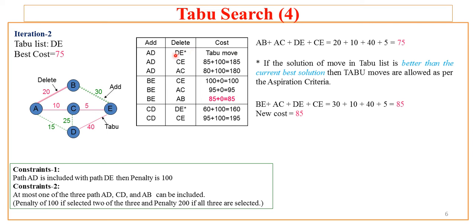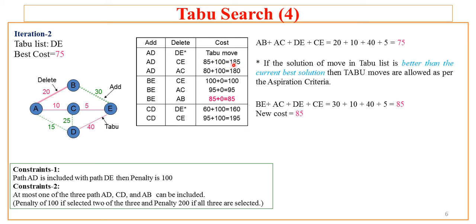Okay. Now if we try to replace CE with AD, now CE was 5. Now what is AD? AD is 15. So it will be 15. Now obviously that will be 85 plus penalty 100.